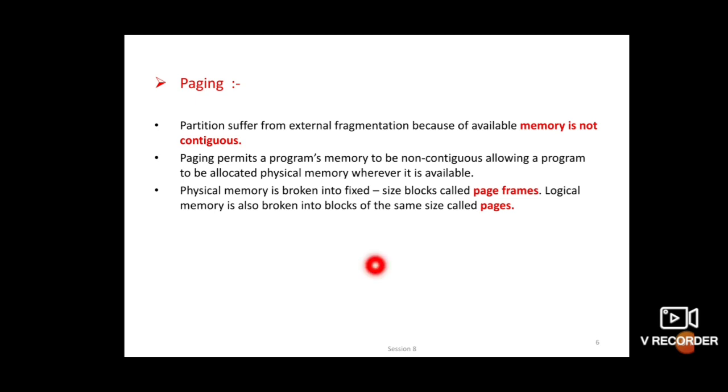Physical memory is broken into fixed-size blocks called page frames, and logical memory is broken into blocks of the same size called pages. Logical memory means the process. Processes are divided into same-size pages. Physical memory, called main memory, is also divided into same-size blocks, called frames. The size is a power of 2.